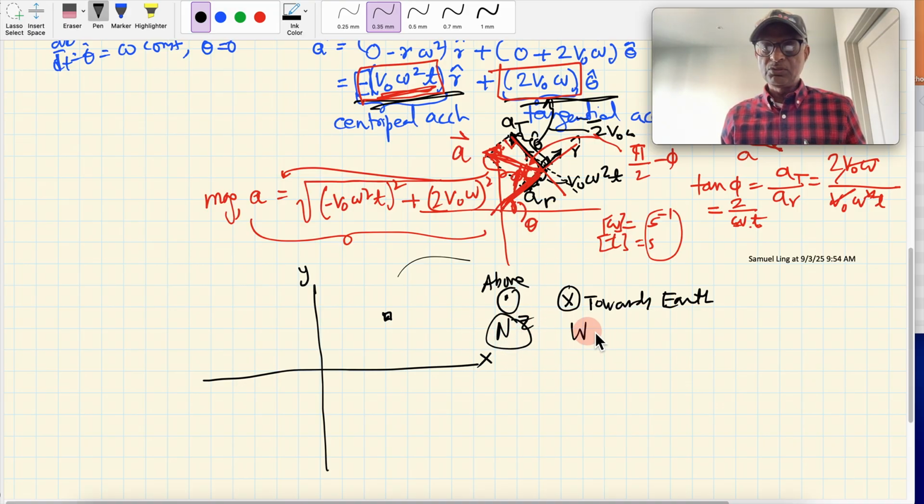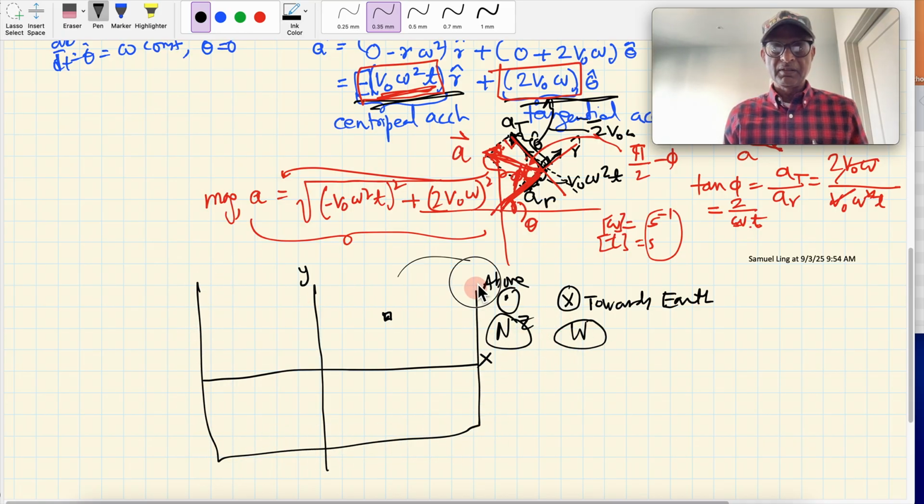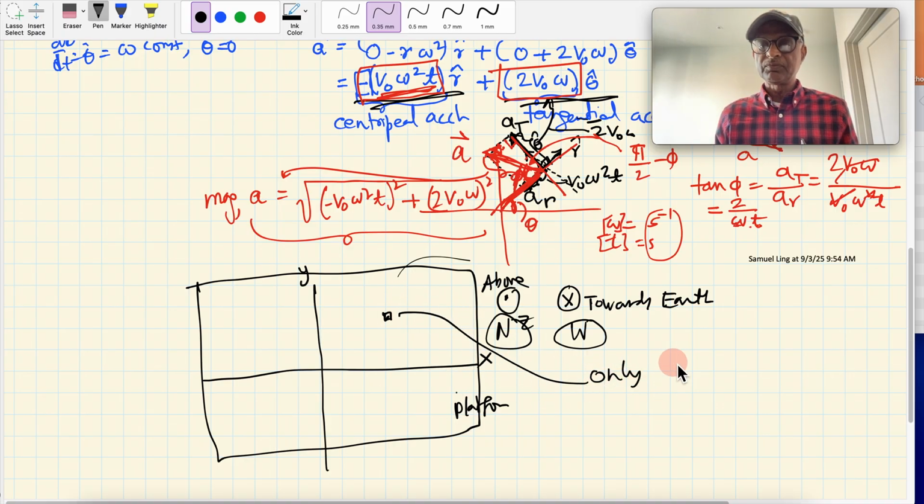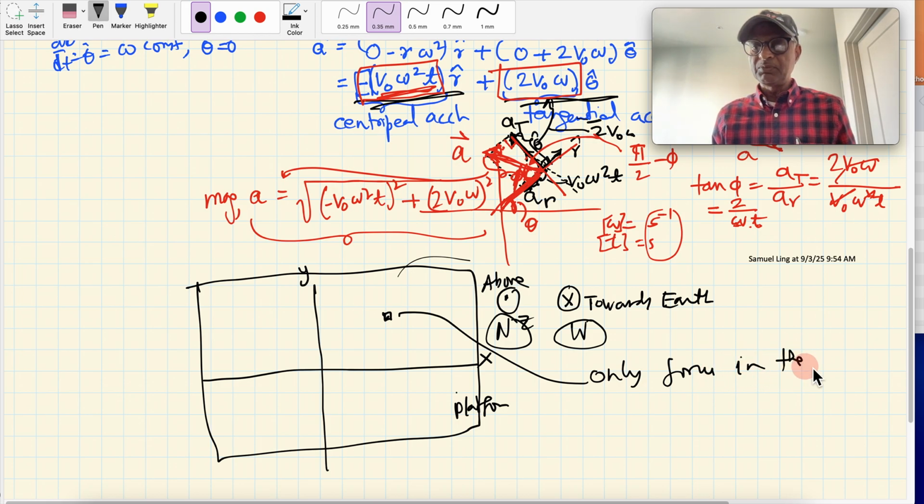So there are these two forces, and in this plane, this is the platform. The only force in the plane of the platform is static friction.